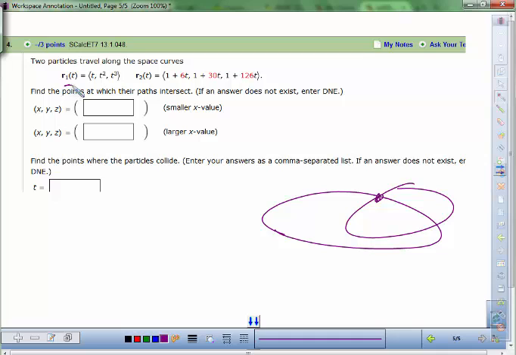If we let these vector-valued functions be run by the independent variable t, that's your parameter, and they intersect at this point, then they're going to cross that point at different t values.